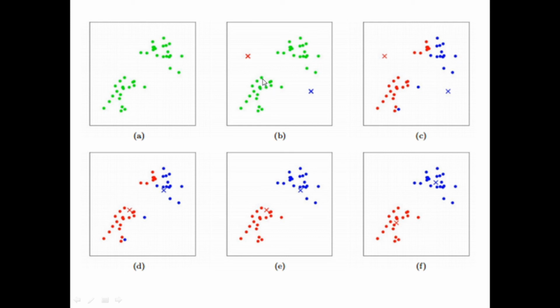Let me assume this green color is some random pixel, named xj. I am finding the nearest cluster centroid for this point, this one or this one, based on Euclidean distance or some other distance measure.